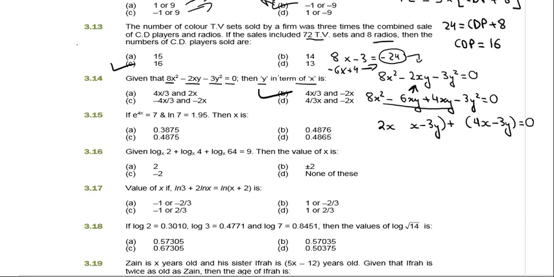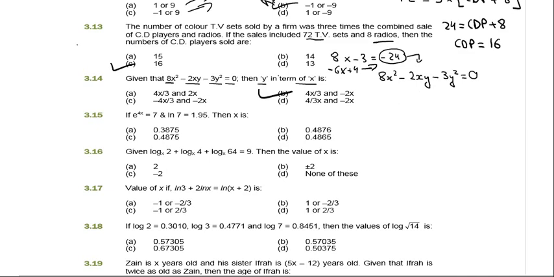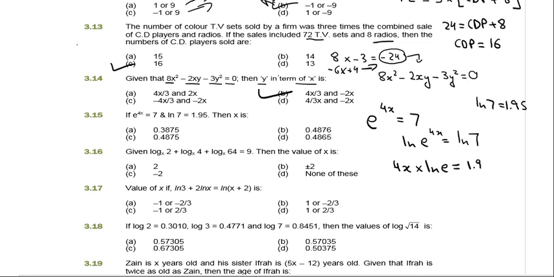Moving on to the next question, which is 3.15. 3.15 says that e power 4x equals 7, and it is also given that ln 7 equals 1.95. Applying ln on both sides, ln e power 4x equals ln 7, and applying the log properties, we can write it as 4x into ln e equals, we know ln 7 is 1.95.